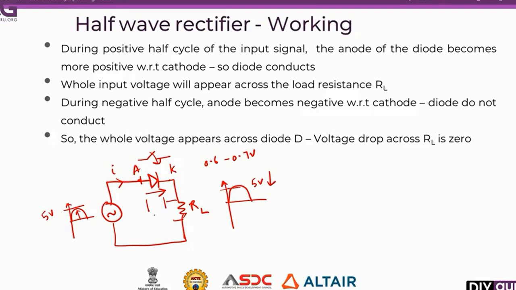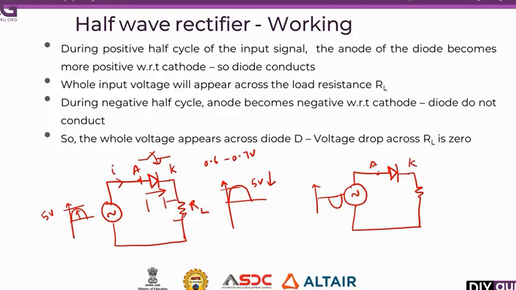Okay, during negative half cycle, I will draw here the same circuit during the negative half cycle. See, during negative half cycle of the input waveform, here we have anode and cathode.